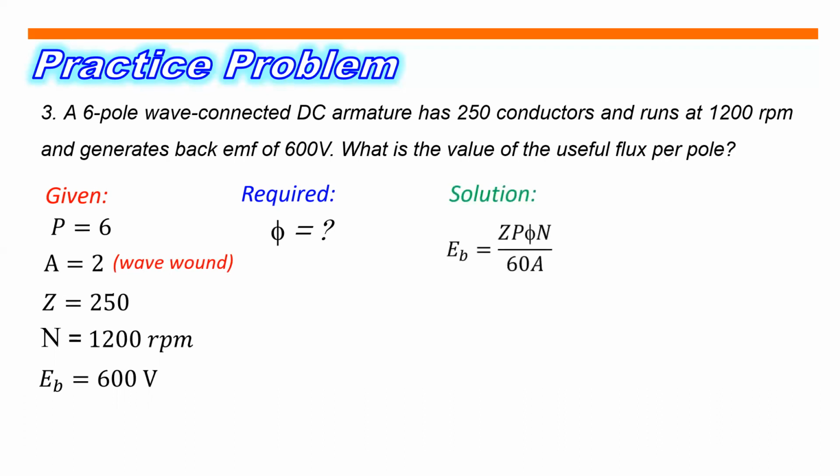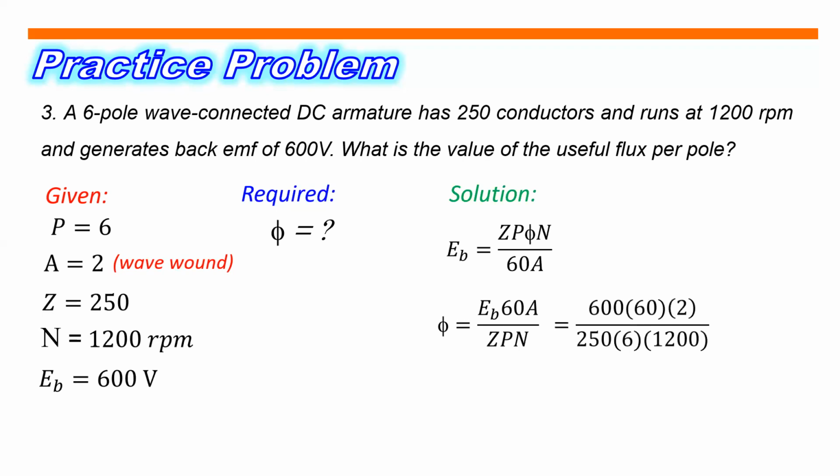So based from our equation of the back EMF, we can derive the equation for magnetic flux, or our Greek letter phi, which is equal to back EMF multiplied by 60 multiplied by the number of paths, all over ZPN, or the number of poles multiplied by the number of conductors multiplied by the rotational speed.